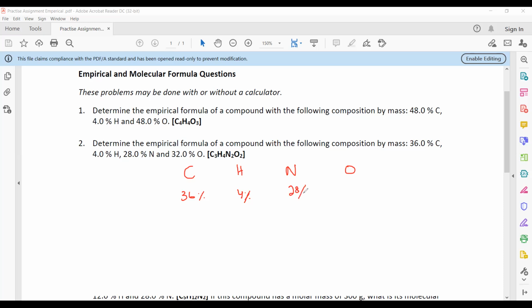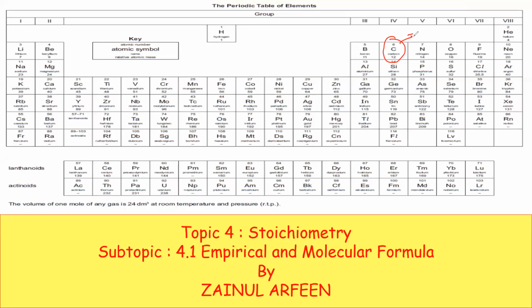Nitrogen is 28%, and oxygen is 32%. In the exam they will not provide you the atomic masses, but you will have the periodic table. So using the periodic table you can work out the masses: carbon is 12, nitrogen is 14, oxygen is 16, and hydrogen is 1.